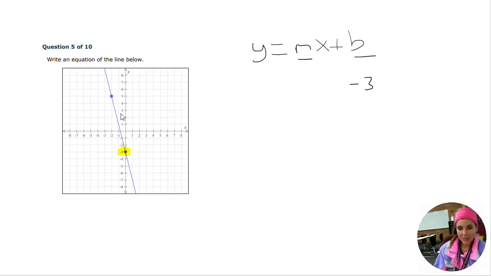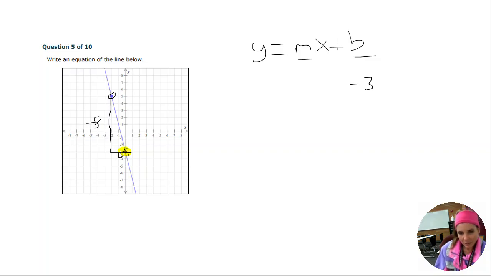Now the other thing we need to do is find a slope. Remember I told you that you always count slope working left to right. So to get from this point to the other point, I'm having to move down and then to the right. So from 5 to -3, that is down 8.